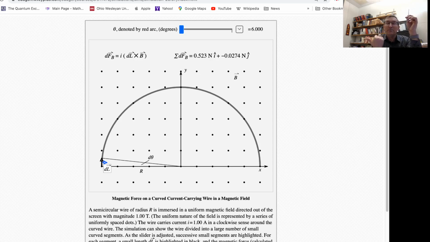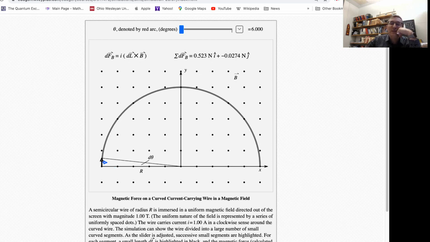When we do dl cross B with the fingers of our right hand, our thumb points to our right, so that little blue arrow is the magnetic force on that little piece. And in fact, the animation shows up above. It did the calculation, assuming a certain size for that angle there, and it got a certain expression for the magnetic force. Okay, it's got a positive x component and a very small negative y component.